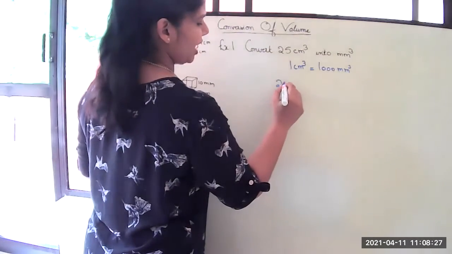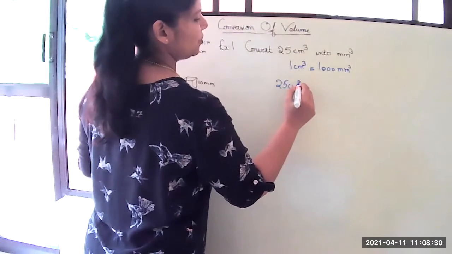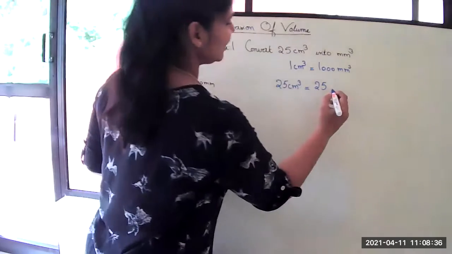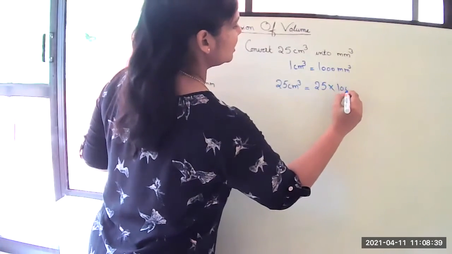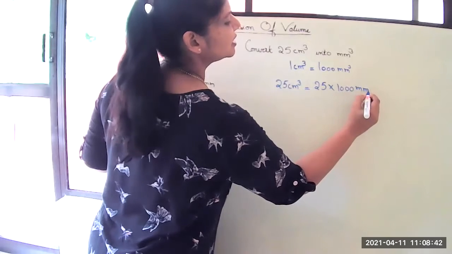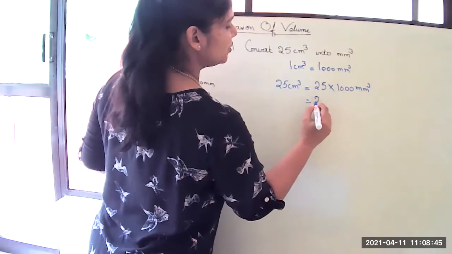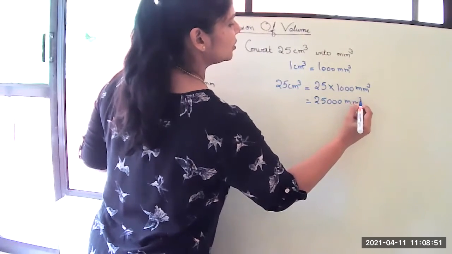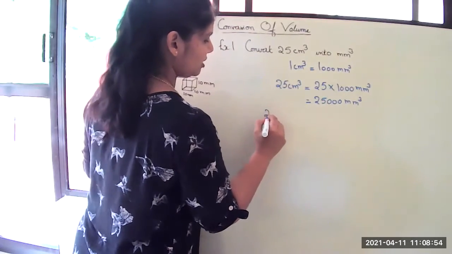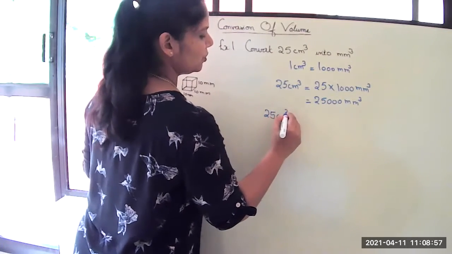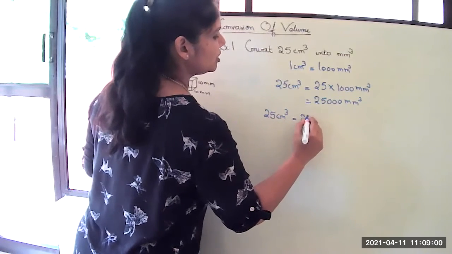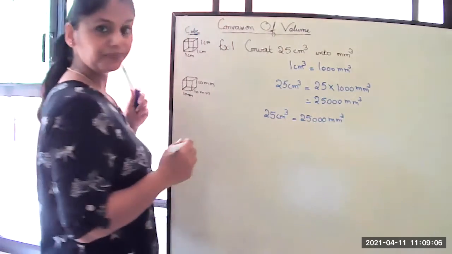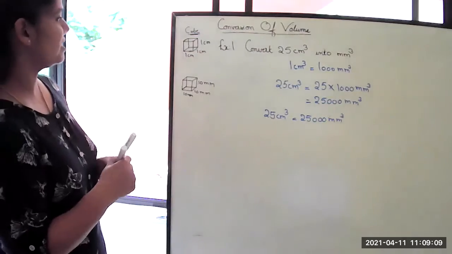Now 25 centimeter cube is equal to 25. We will write as it is, then multiplied by 1000 millimeter cube. That is equal to 25,000 millimeter cube, or we can write it as 25 centimeter cube is equal to 25,000 millimeter cube. Okay. So next question.